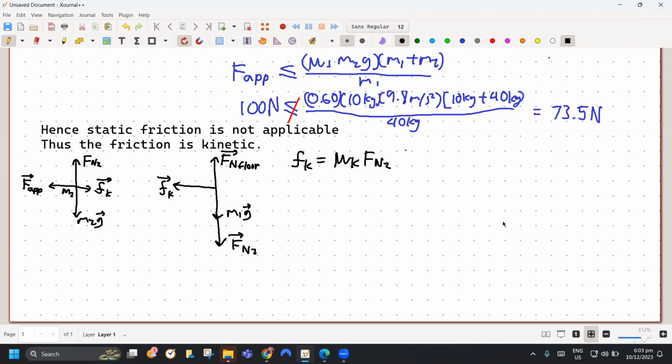So, Newton's second law, ano yung makuha natin for each mass?